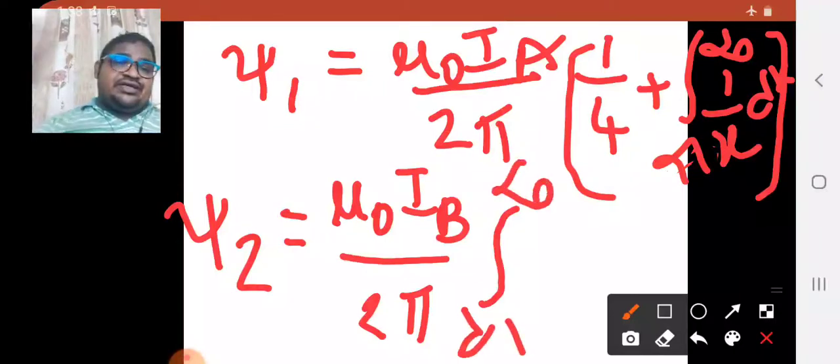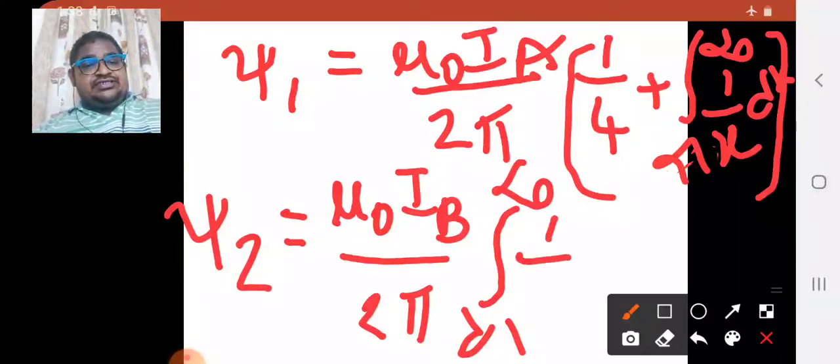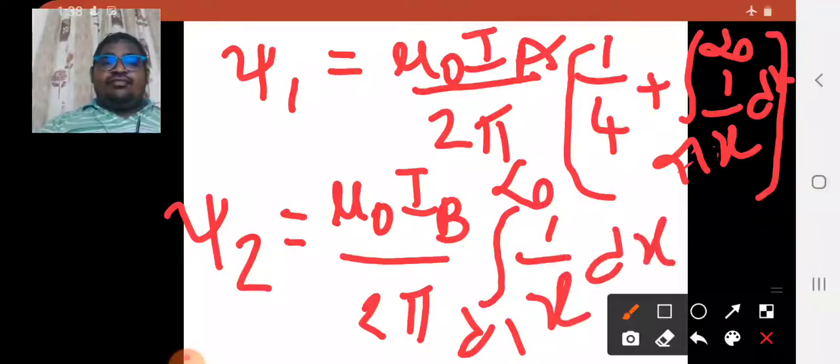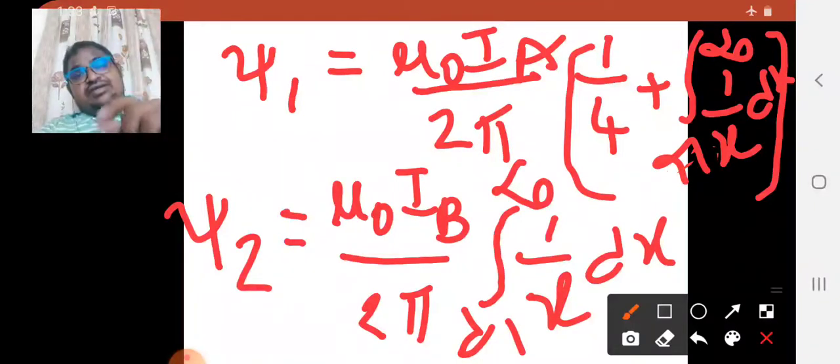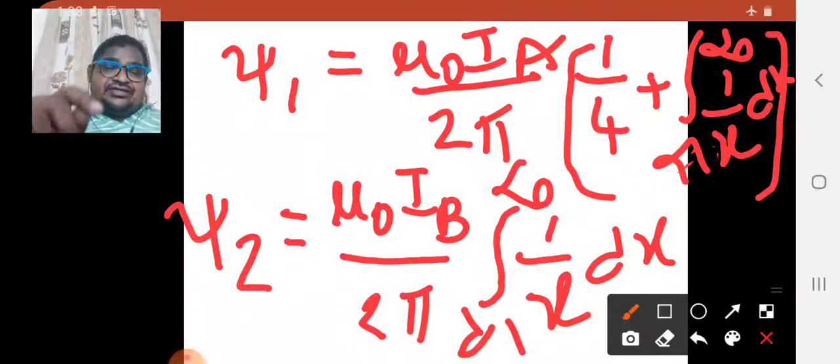Here I am not taking the R. D1 to infinity 1 by x dx. This is the flux linkage of conductor 1 due to the current flowing in conductor 2.